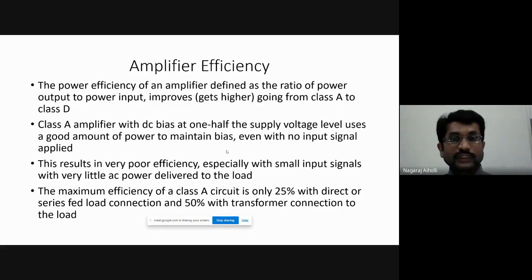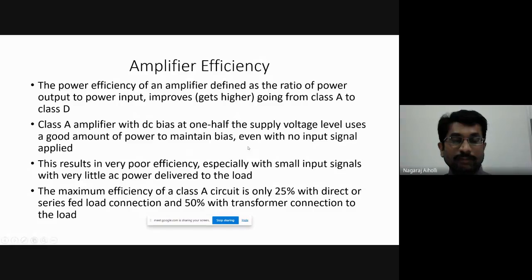Linear region means output is linearly varying with respect to input, or the output has more magnitude than the input signal magnitude. Okay, gain is high. The ratio of output to input is high. Such conditions are obtained only with a large amount of power, so whatever power we are applying is utilized for maintaining the bias condition, and the output power will be reduced.